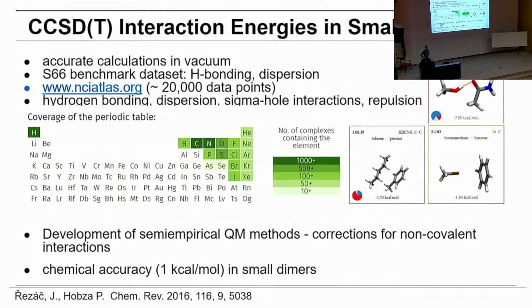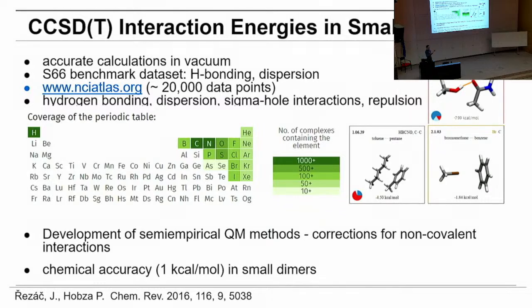It now collects 20,000 data points, and it's not only at its minimum, but also some distance scans of these two fragments, angular scans. So all the data have been calculated for the CCSDT and extrapolation to complete basis set. That's details. We can talk about it later.